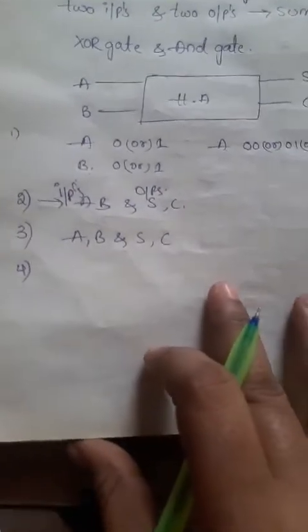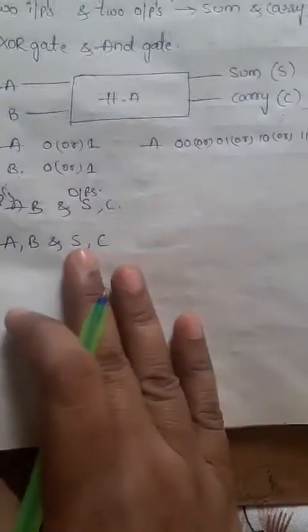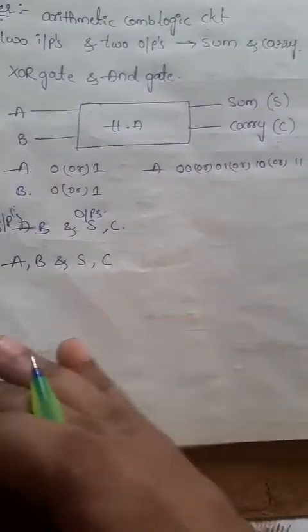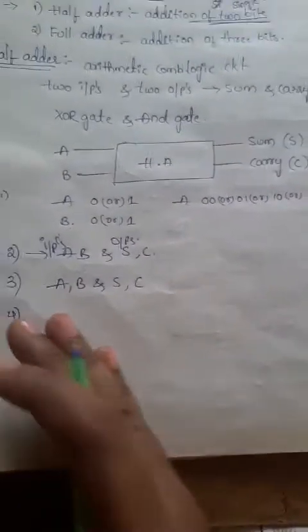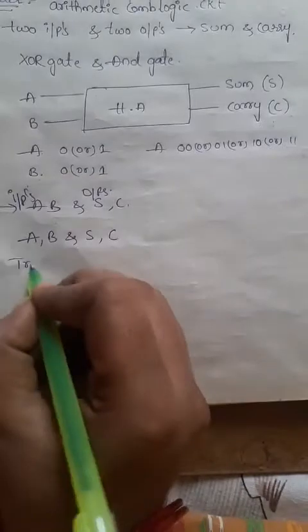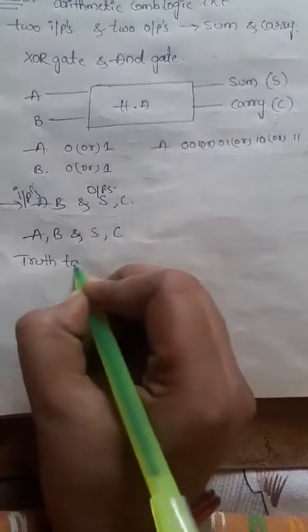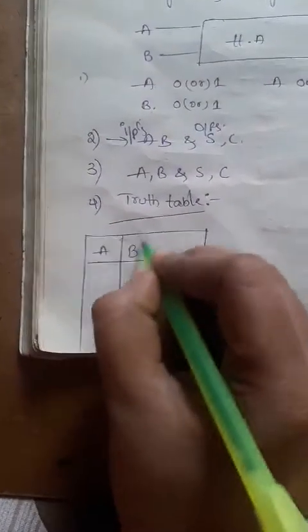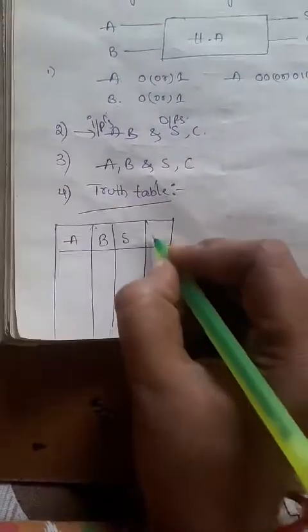And what is the fourth step? We can make a truth table, which means we need to define the truth table for the required relationship. The truth table contains inputs and outputs. You already know a truth table is the relation between inputs and outputs.